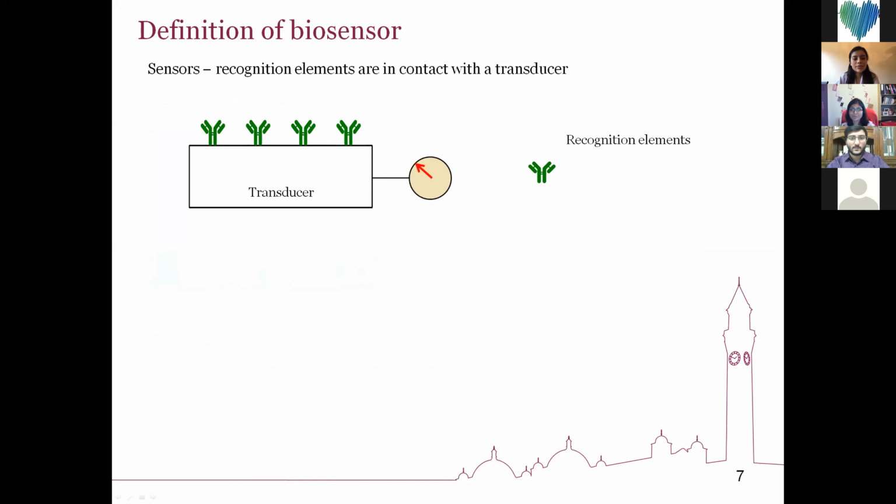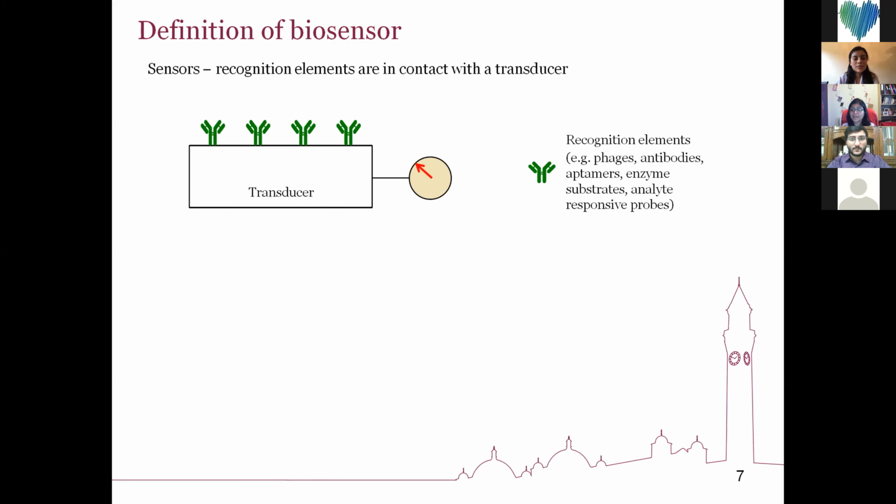So with this, I would like to give you a formal definition of sensors. A sensor is defined as recognition elements in contact with a transducer. I think we talked about this in the previous discussion. So the recognition elements, they could be antibodies, or they could be aptamers, which are DNA-based recognition elements, or they could be enzymes, as used by Professor Clark in his glucose electrode.